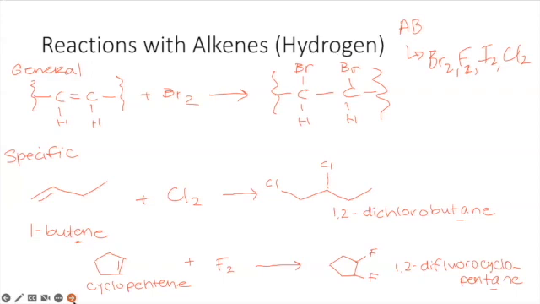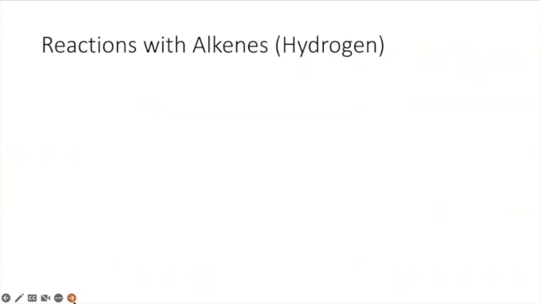Okay. So let's look at the same thing here, but now this is if AB was hydrogen. So going back to our general reaction, we have a double bond.